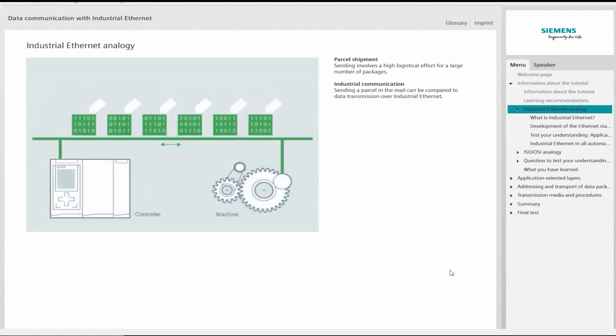The processes involved in sending a parcel with a parcel delivery company can be easily compared to those involved in sending data over industrial Ethernet. When devices interact in Ethernet networks, data packets are sent. In the industrial environment, it is important that these are transported safely and quickly from the sender to the recipient.